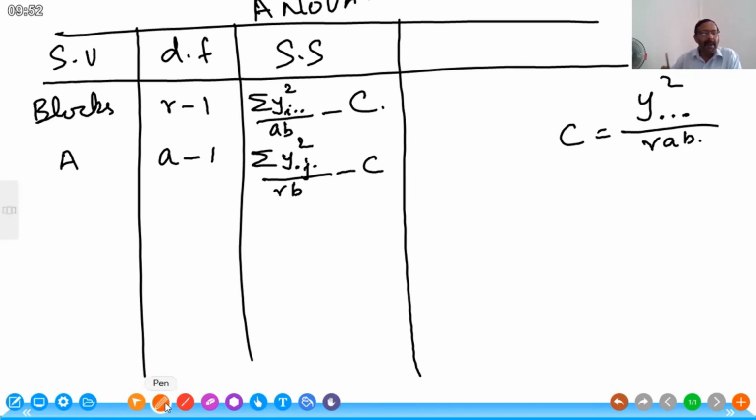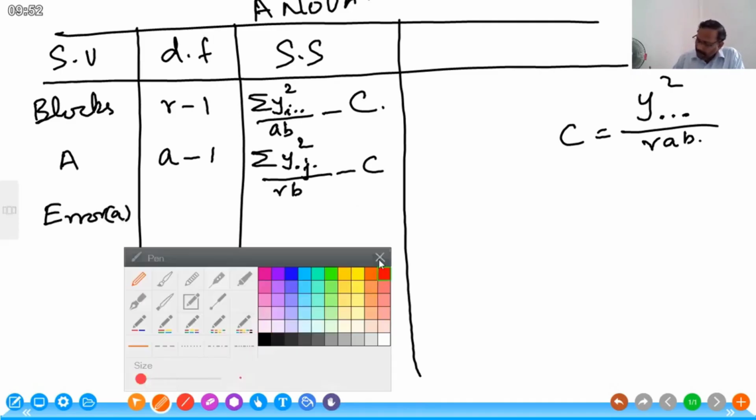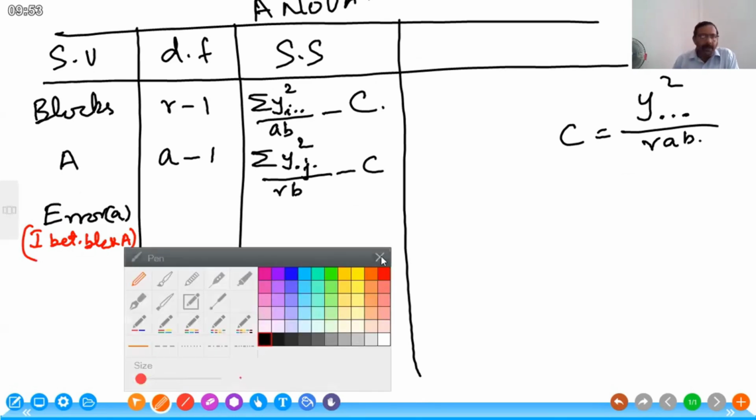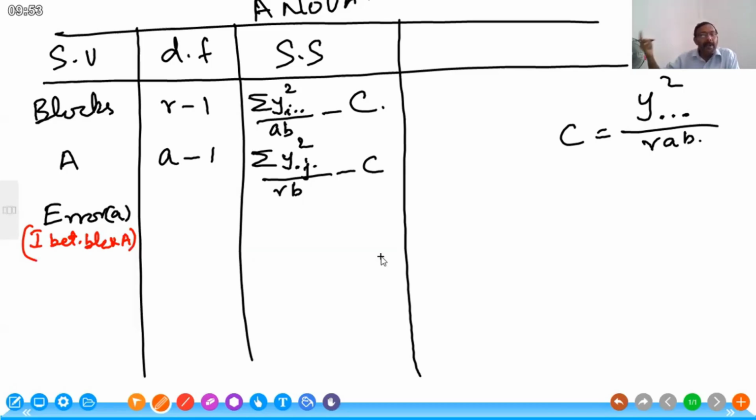Before going to the subplot, we'll have to give the error. So I will say error A. What this error A actually is, is the interaction between block and factor A. So I write it in simple terms: the interaction between block and factor A. So you can think about how we can formulate the sums of square.